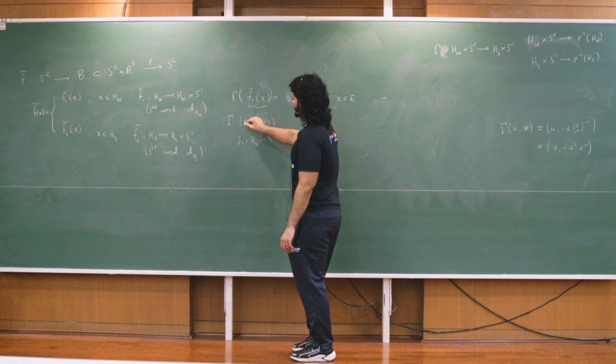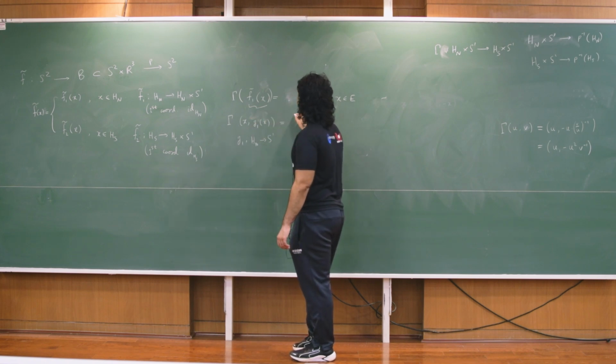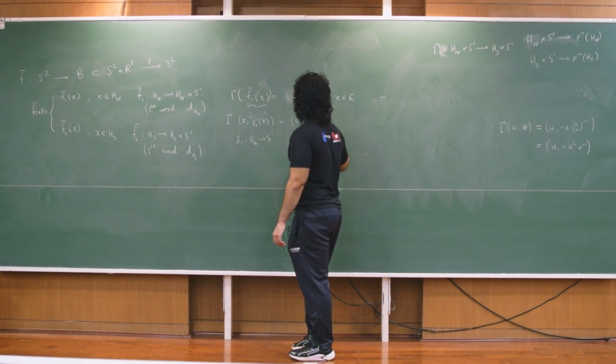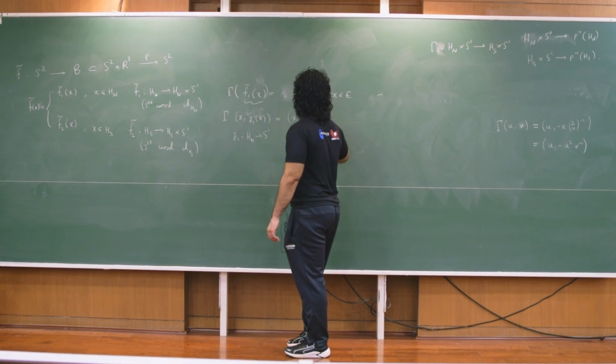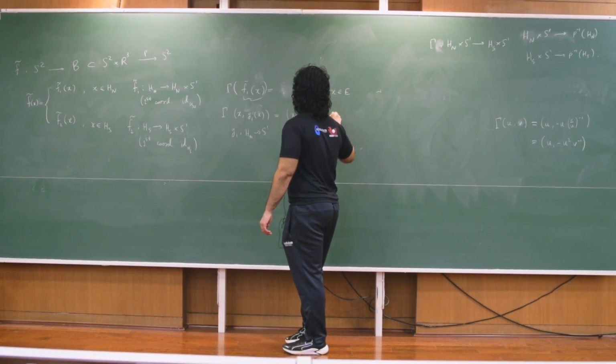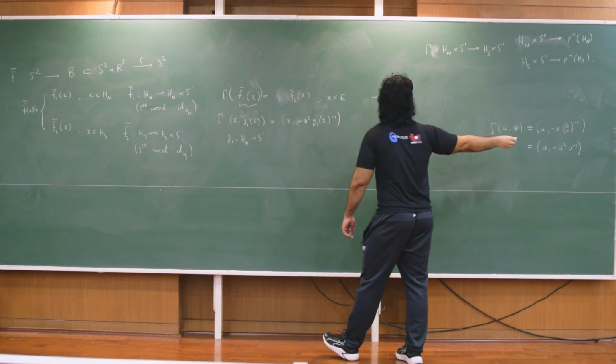And we know exactly what you get after applying gamma to such a thing. You get x comma minus x square g1x inverse coming from that formula.